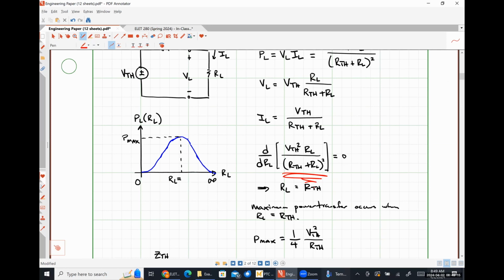It's literally the exact same expression that we were maximizing in a DC circuit, the result of which was that maximum power transfer occurs when RL is equal to RTH. So it's going to be literally the exact same thing here.